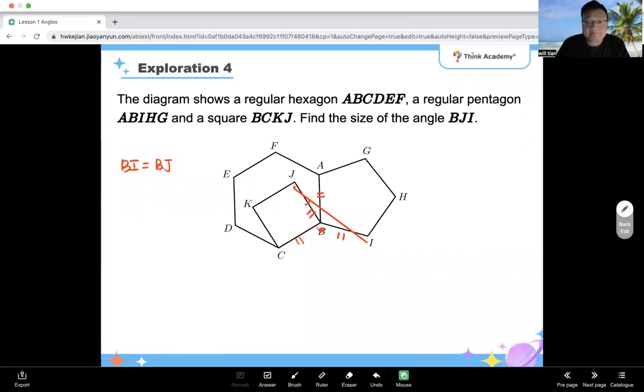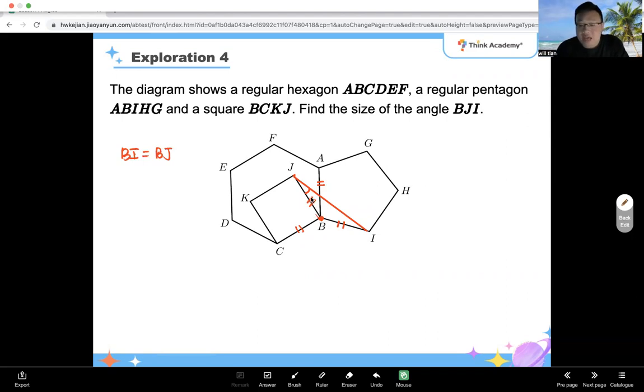Make sense? If you know it is an isosceles triangle, to get the base angle you have to find the top angle, since the 2 base angles are equal to each other. To get the base angle, you use 180 take away the top angle, and then divide that by 2. Then here's the question: what is the size of the top angle? The question is, what's the size of JBI?